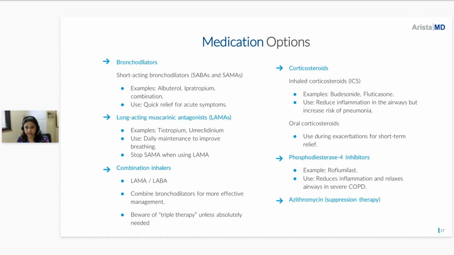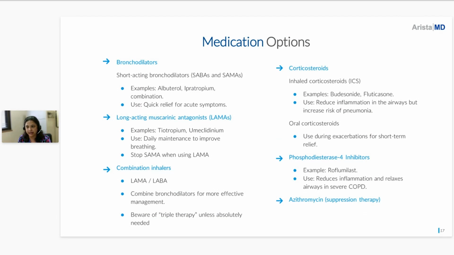There are combination inhalers, which really helps patients with adherence to therapy. It's much easier to use one inhaler than to remember all the different inhalers that they have. So combination, a LAMA with a long-acting beta agonist, is the next tier of therapy that we would give a patient with COPD.